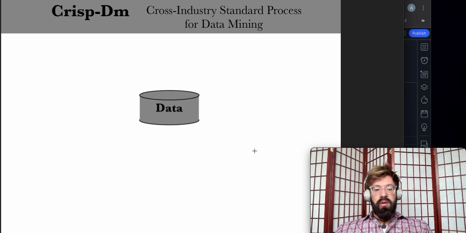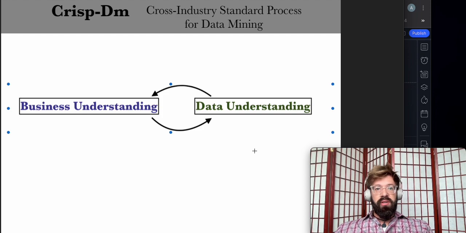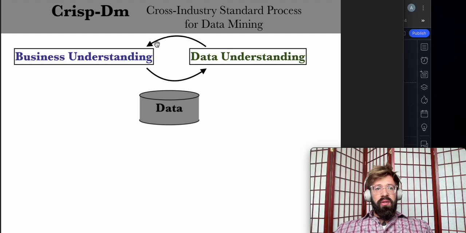Well, we have to start with business understanding and data understanding. This is basically the business people and the data people talking coherently. So this has a lot to do with interpersonal skills, making sure the business and the data people are both on the same page.